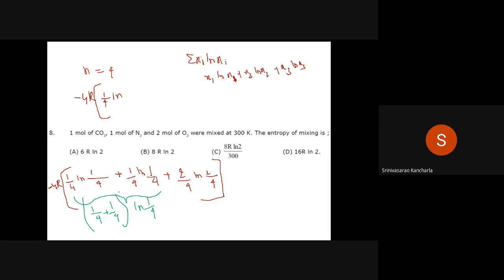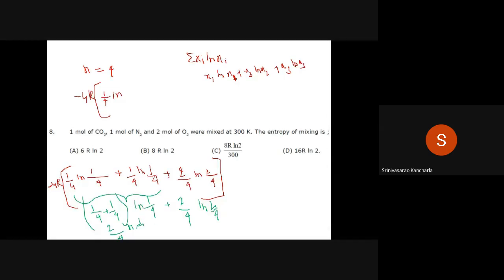You are combining these two terms, and here you can keep it as such: 2 by 4 ln 2 by 4. What you will get from this is 2 by 4 ln 1 by 4 plus 2 by 4 ln 2 by 4.